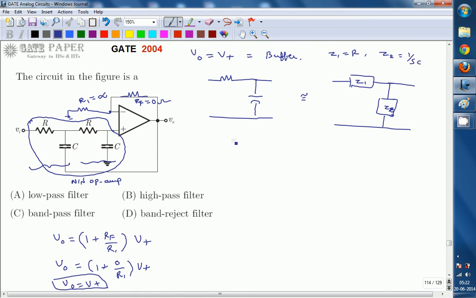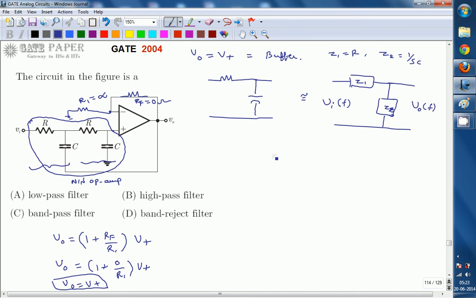We are writing in this way. So for the output, if you are going with a single RC, let us assume the input is Vi. Since Z2 is a capacitor, which is a frequency sensitive element, as the input signal frequency changes its reactance changes, so you must represent input and output in terms of frequency like this, V0 and Vi.